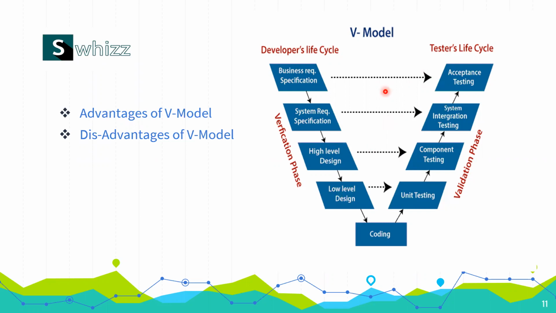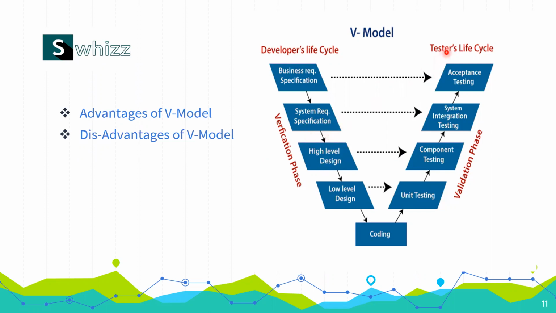No. Here the thing is, steps will move on sequentially only. So this dotted line is representing that the developers and the testers are working parallelly, and whatever things are going on here will be looked at by the testers, because the testers are maintained from the beginning. While developers develop business logic, testers have no coding work, but the testers prepare the test cases and also verify whether the requirements are going on properly or not, and whether the high level design is with respect to the requirements or not.